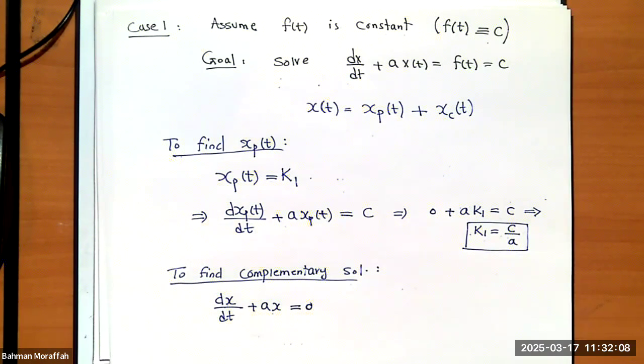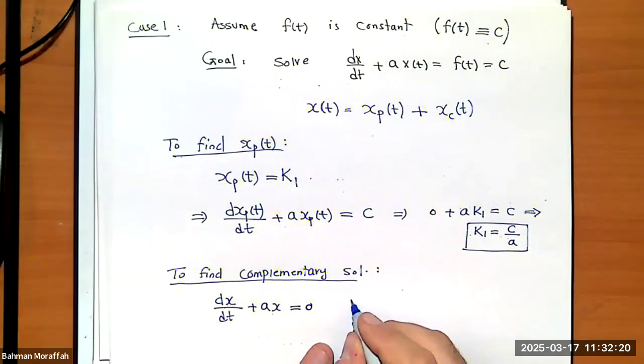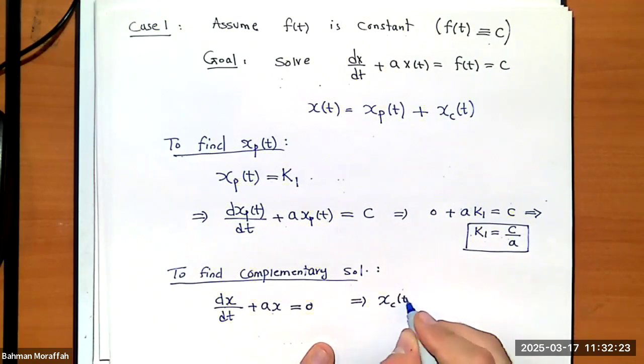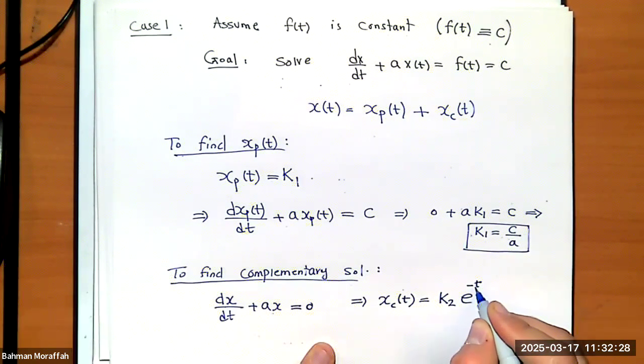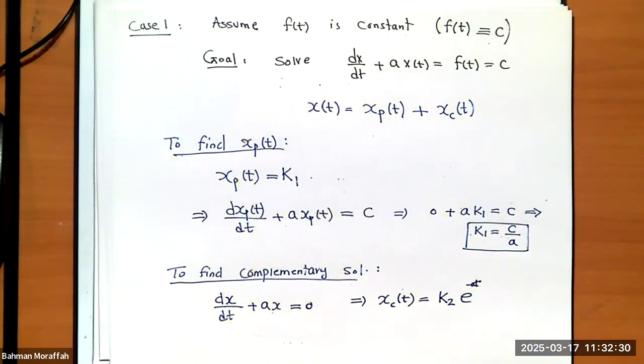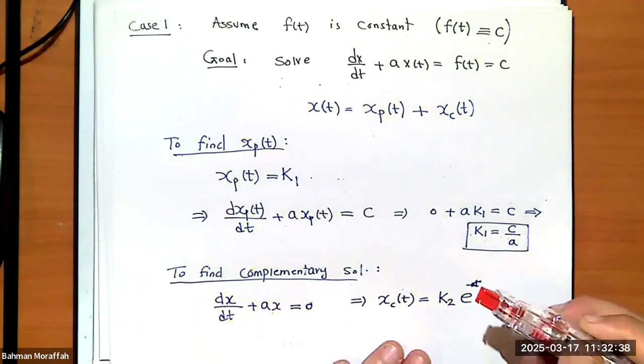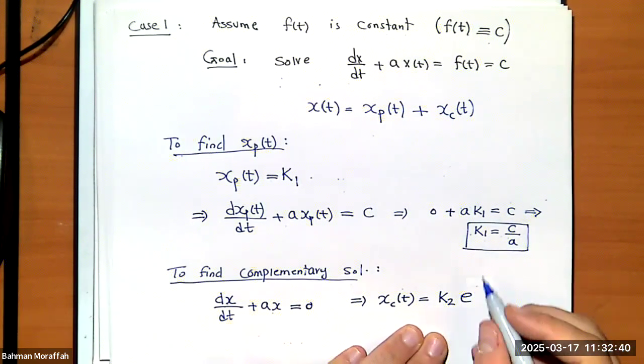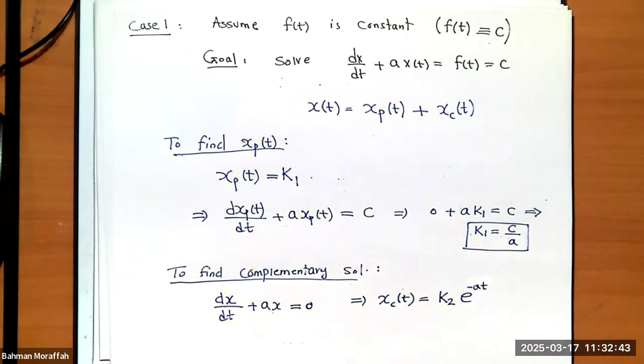So we know the solution is e to the power of lambda t, basically minus a t, right? So x_c(t) is some constant k2 times e to the power of minus a t.